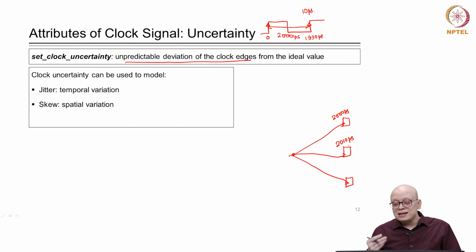So, we say that there can be skew of say 20 picosecond in our design. Remember that in the earlier discussion on static timing analysis, we saw that the setup and hold requirements depended on the clock skew. So, when we give this uncertainty, then assuming that there will be some clock skew, the tool will do a more pessimistic analysis.